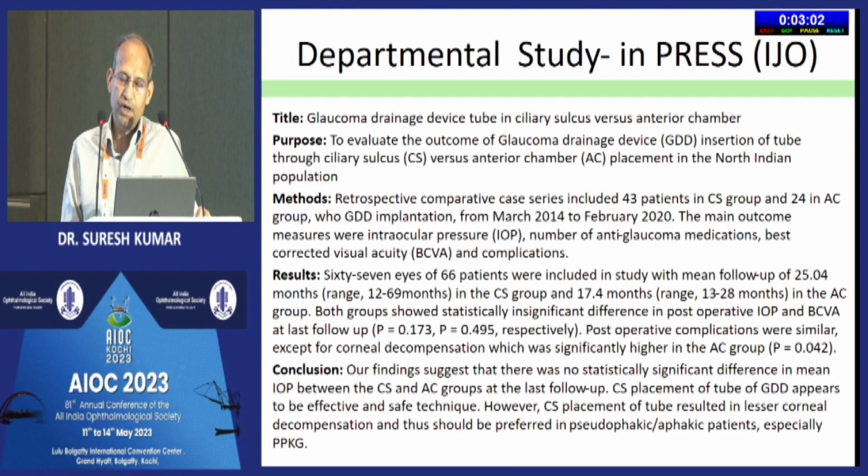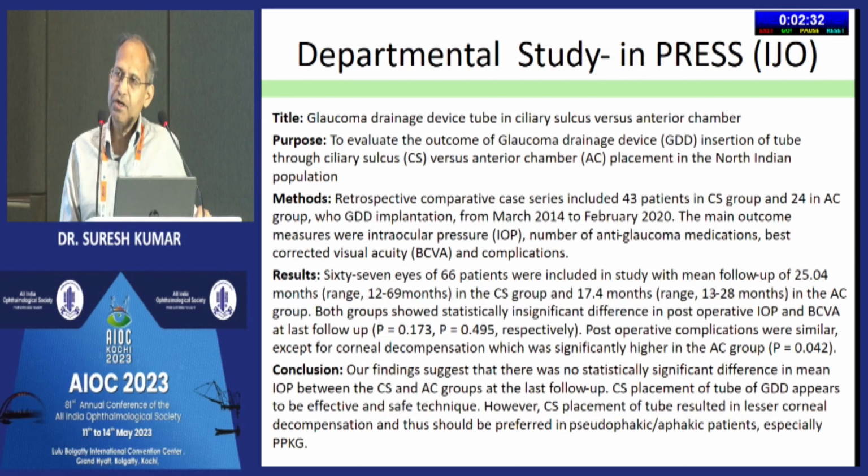So one of our departmental studies, which has been accepted for publication in Indian Journal of Ophthalmology, is a retrospective case series of 66 patients in which 43 patients underwent ciliary sulcus implantation of the tube as compared to 24 patients in anterior chamber implantation, and we found that intraocular pressure was similarly controlled in both the groups, but the corneal decompensation was significantly higher in the anterior chamber group.